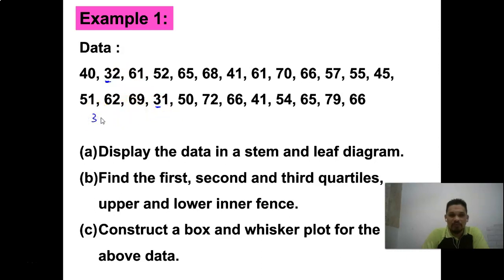So if I rearrange all this: 31, 32, then 35, 36, and then those that start with 40, 40, 41, and finally it ends up with the values of 70, 72, 79.